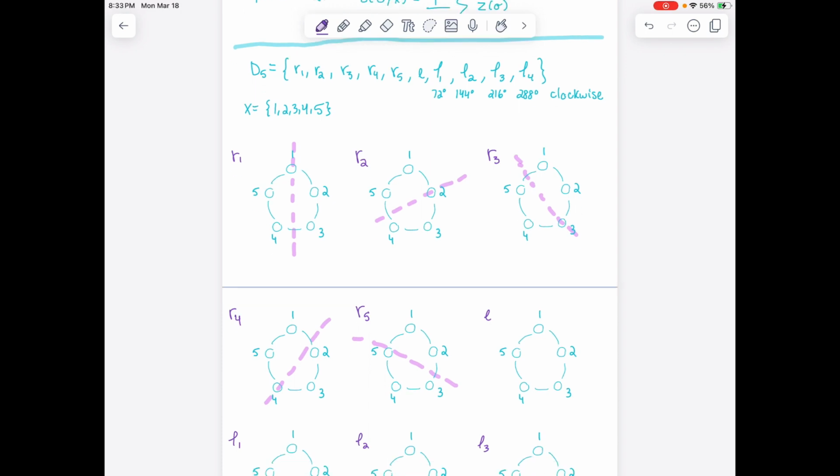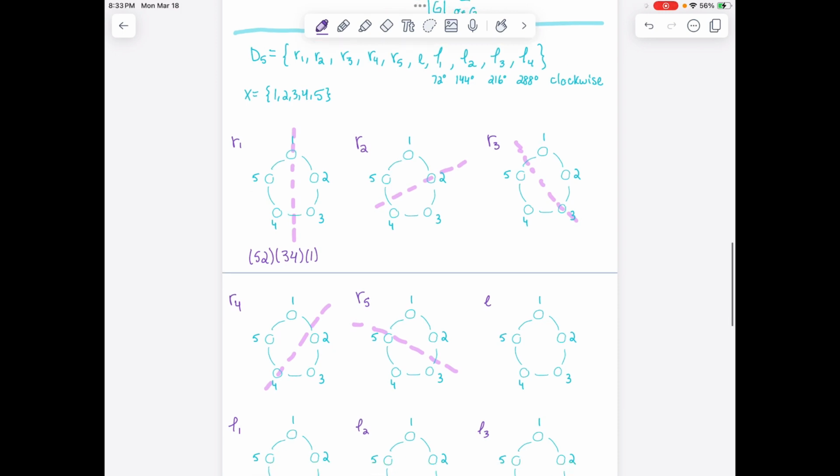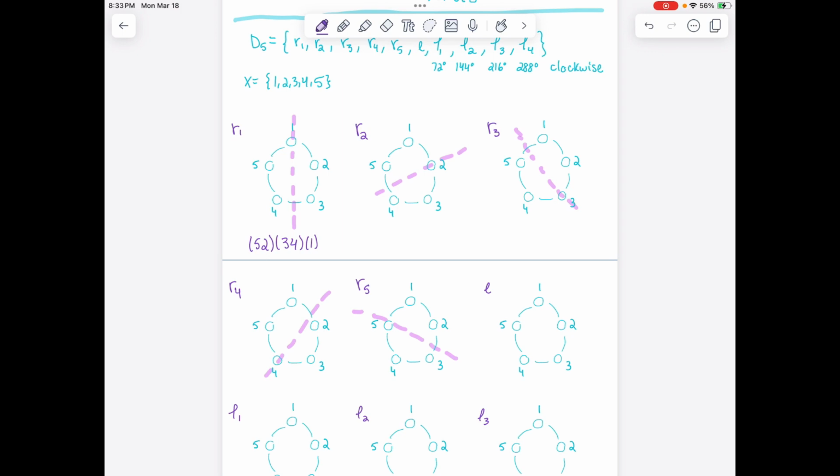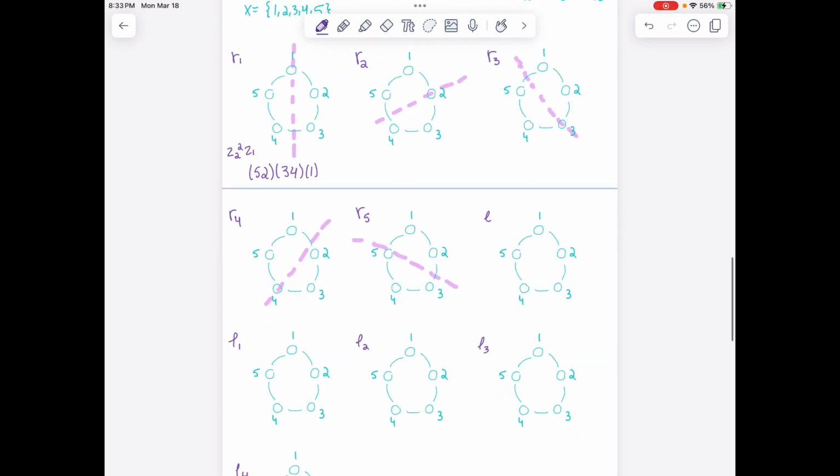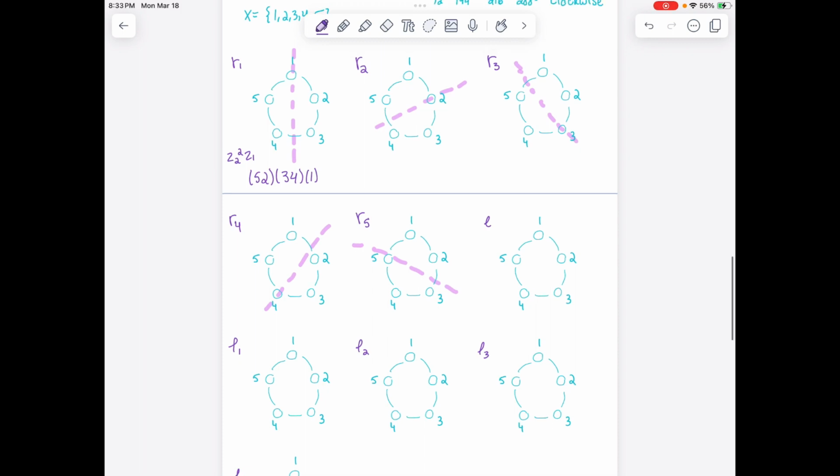If we reflected over the line going through vertex 1, 5 would go to 2, and 2 would go to 5. 3 would go to 4, and 4 would go to 3, and 1 would go to itself. We'll write this later, but for now, for an example, I could write this as 2 cycles of length 2 and 1 cycle of length 1.